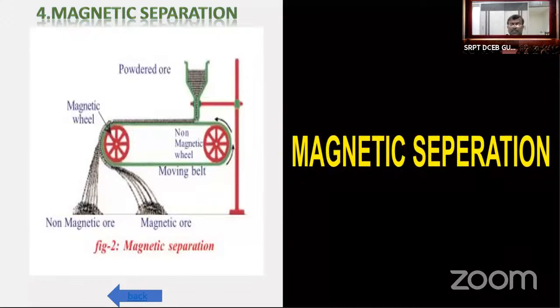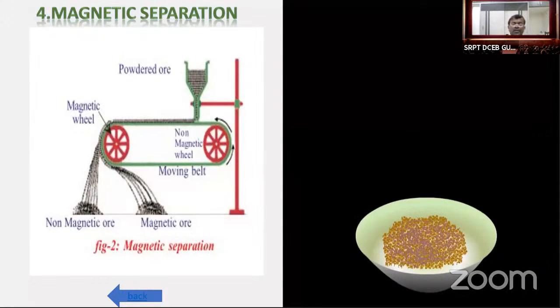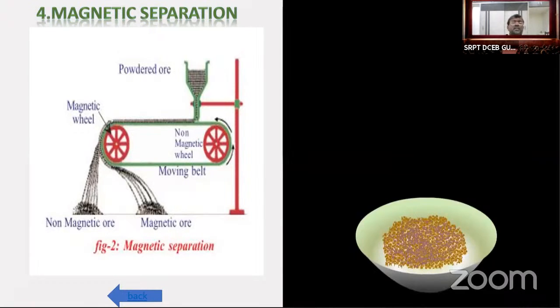Then the magnetic separation method we also learned in our previous class. That is, if the ore contains impurities in the form of non-magnetic material, then the magnetic separation method is very useful. The ore is pulverized into a fine powder and allowed to spin around a magnetic wheel.